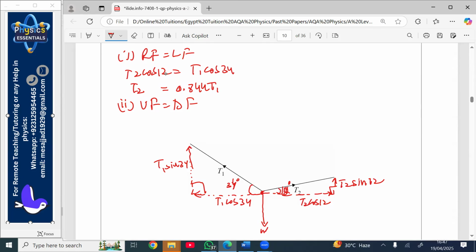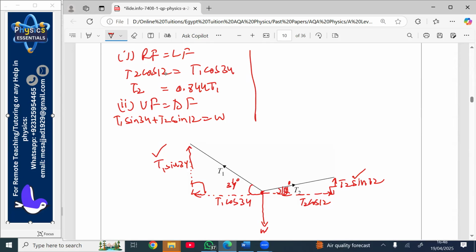Now, what is the upward force? Upward force is one, this one, and the other one is this one. So we will say T1 sin 34 plus T2 sin 12 equals W. And W is 350.